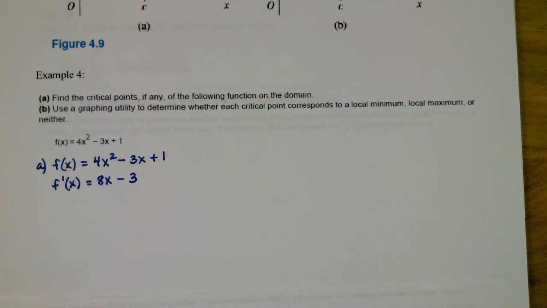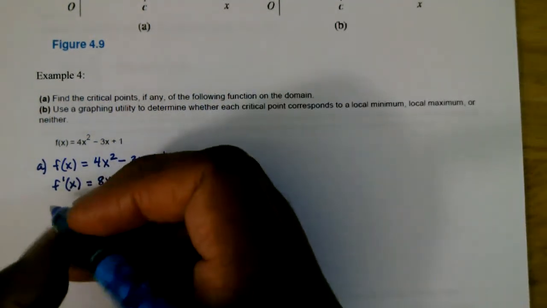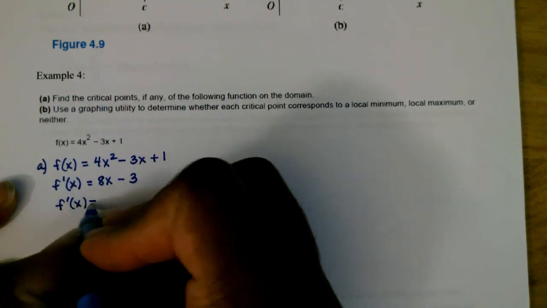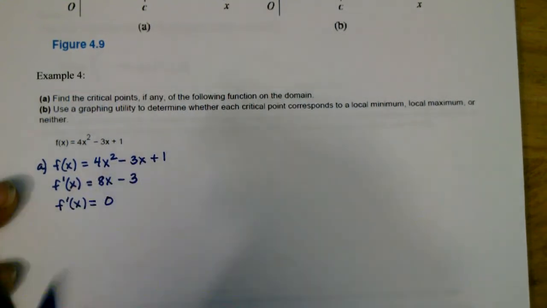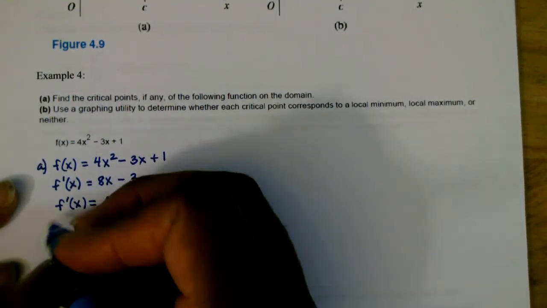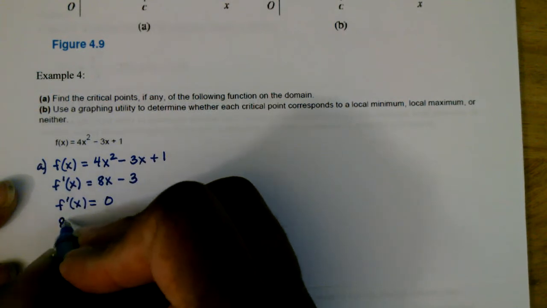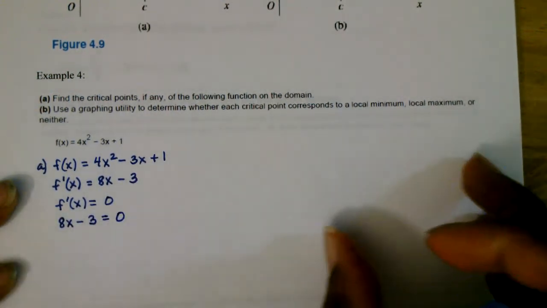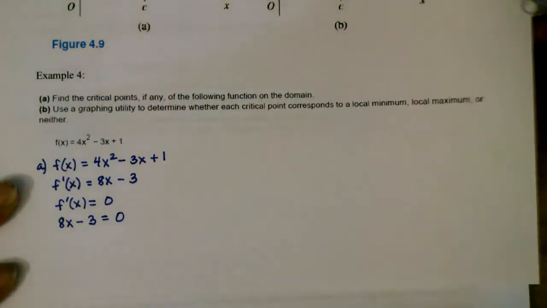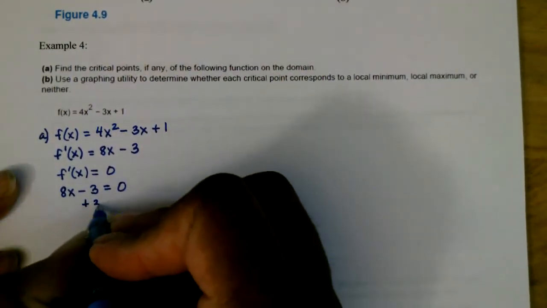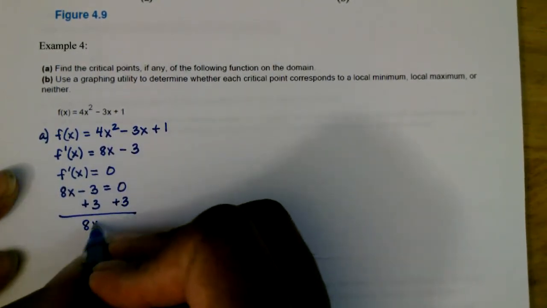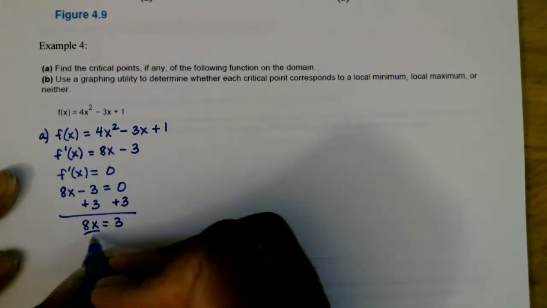And then next, you're going to set f prime of x equal to 0. Since f prime of x is equal to 8x minus 3, that 8x minus 3 will be set equal to 0. And then we're going to solve for x. So if I add 3 to both sides, that would mean 8x is equal to 3.